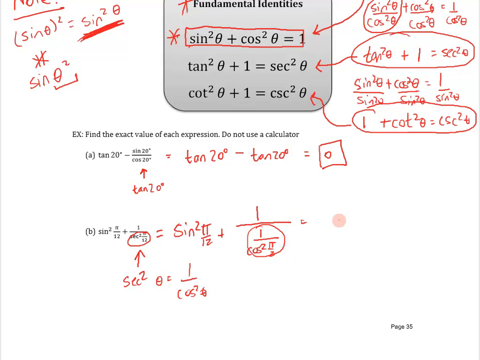But 1 divided by that is actually just the reciprocal of the reciprocal, which means sine squared pi over 12 plus cosine squared pi over 12. And this fundamental identity up here tells us no matter what theta is, in this case it's pi over 12, sine squared plus cosine squared equals 1. Done.